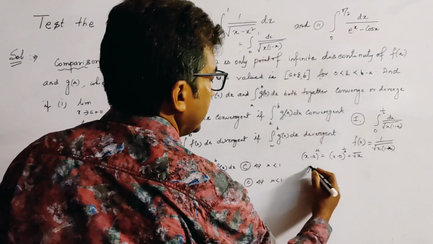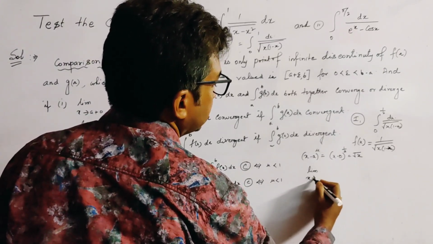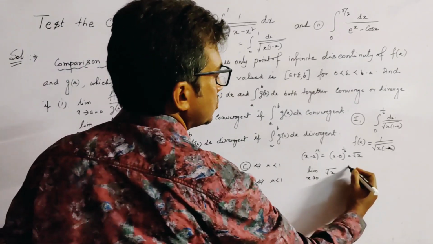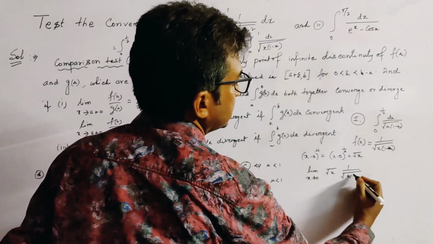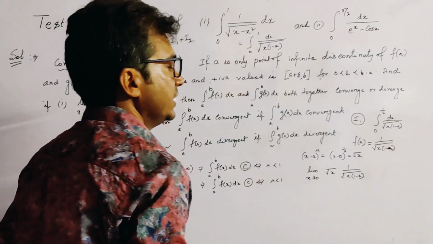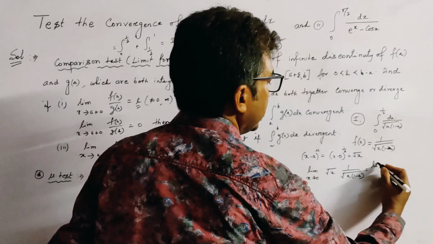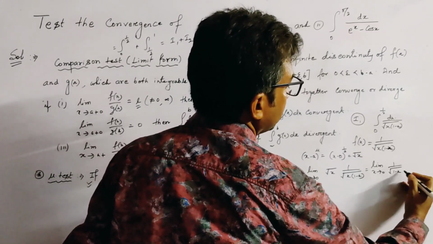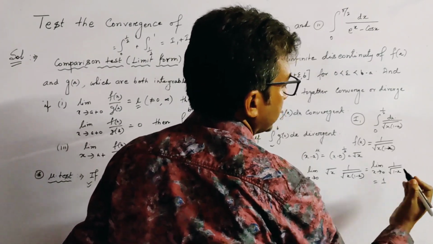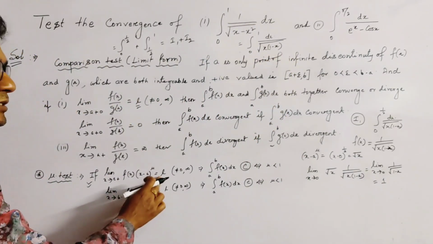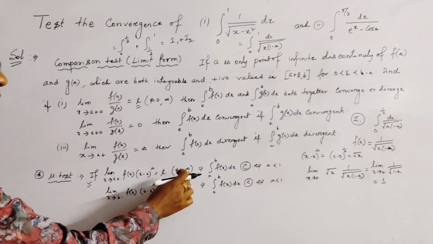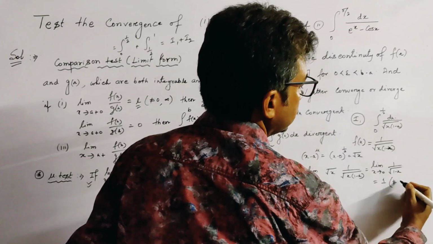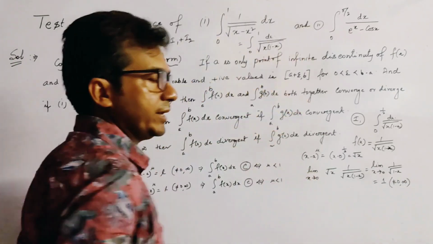Now we calculate the limit as x tends to 0 of root x into f of x, meaning 1 by root x into 1 minus x, and this is given by the limit as x tends to 0 of 1 by root 1 minus x, which is equal to 1. This limit is finite and non-zero, not infinity.